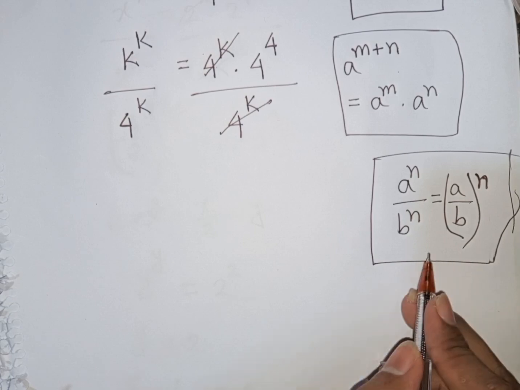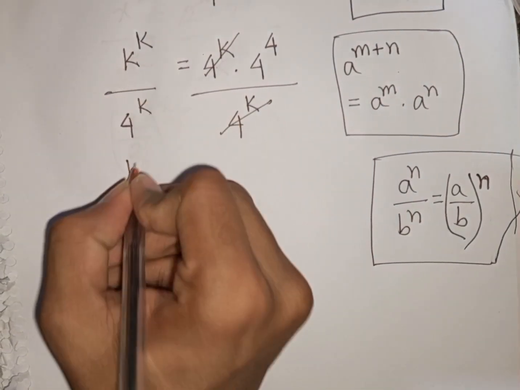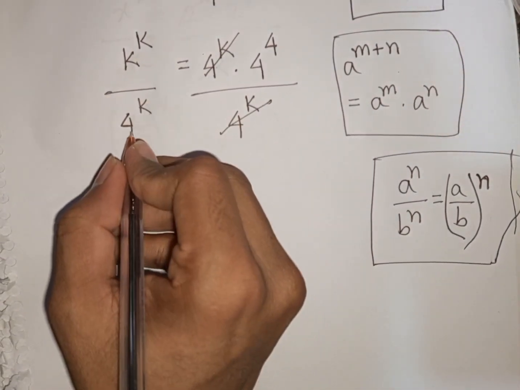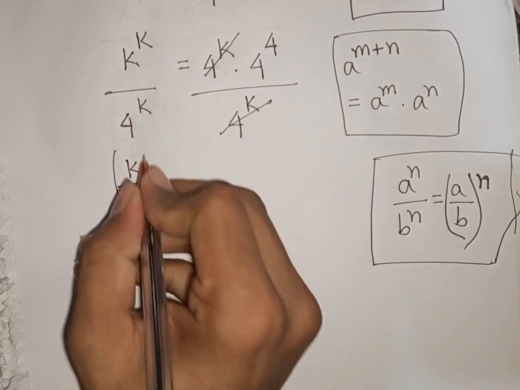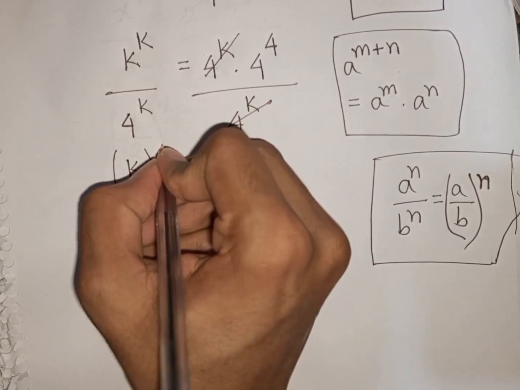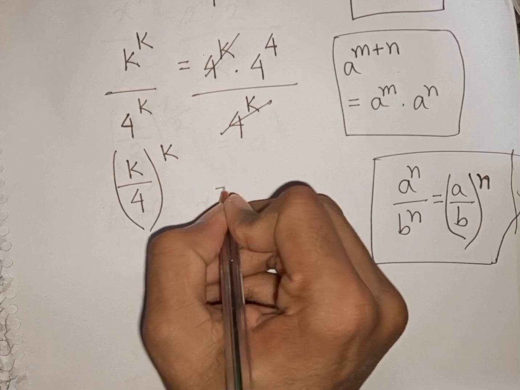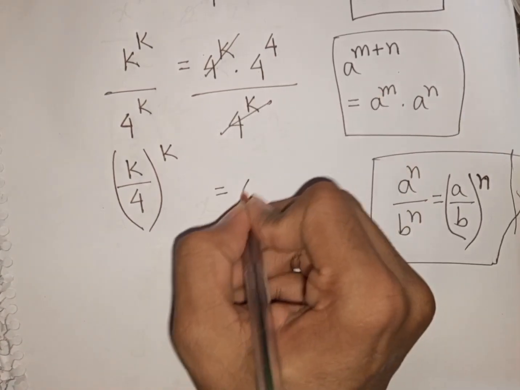According to this rule, we can write here k over 4, then bracket common power k is equal to 4 power 4.